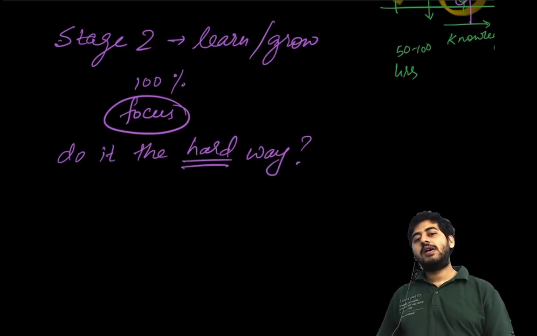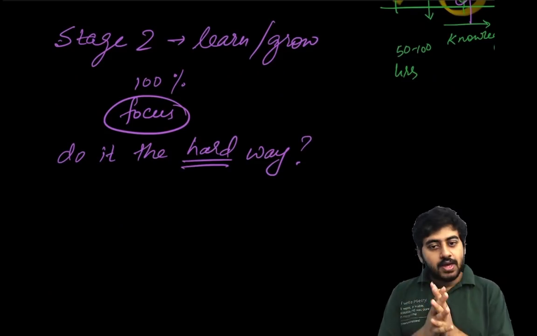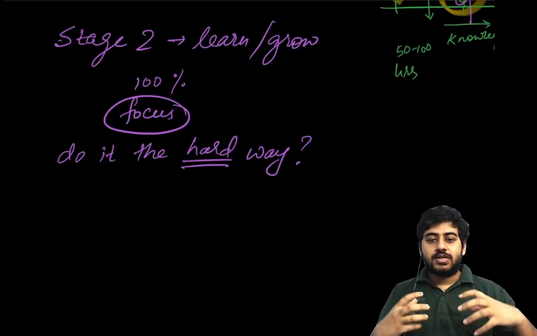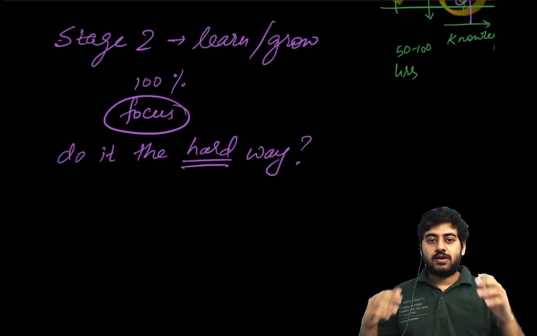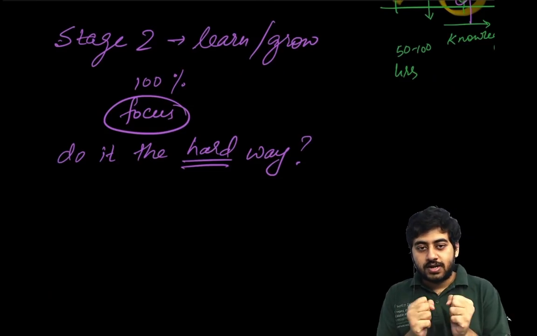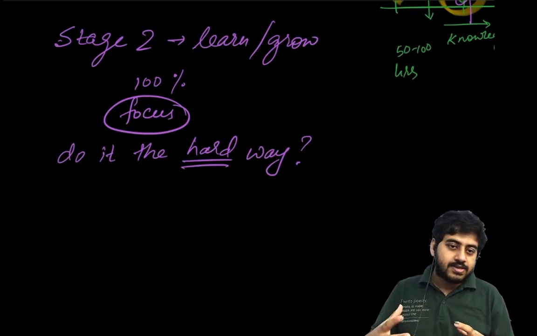Doing it the hard way means you want to really learn this topic, so you understand it from the depth. If you're trying to understand Java, you understand how the JVM works, how the bytecode works, how memory leaks happen, all of that stuff.